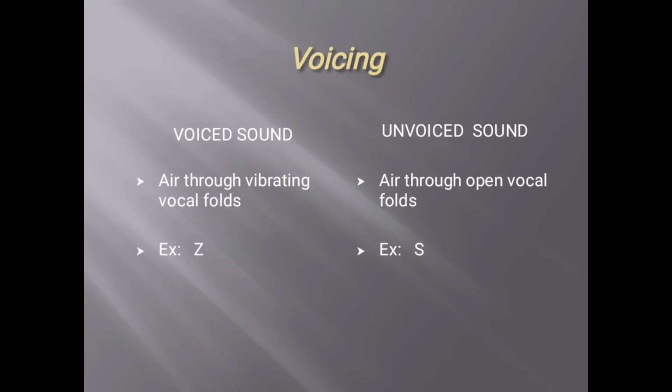In voicing, there are two types. The first one is voiced sound and the second one is unvoiced sound. What is voiced sound? Air through vibrating vocal folds. For example, put your finger on your larynx and pronounce zzz, zzz, zzz.